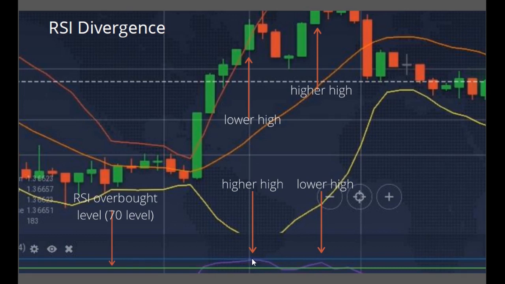Okay, so you look down at the RSI level. Whenever you see the higher high forming a lower high, you can see that is a great uptrend, and the divergence doesn't agree with the chart. You can see the chart is making a higher high over there.